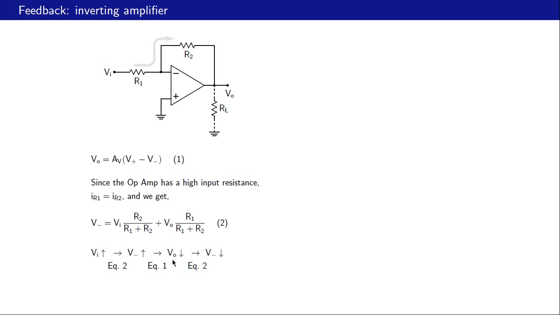If Vo decreases, this term decreases, and therefore V minus decreases. In other words, we have these opposing trends. An increase in V minus causes a decrease in V minus, and this is a negative feedback situation which makes the circuit stable, and therefore we can proceed with the analysis that we carried out earlier.